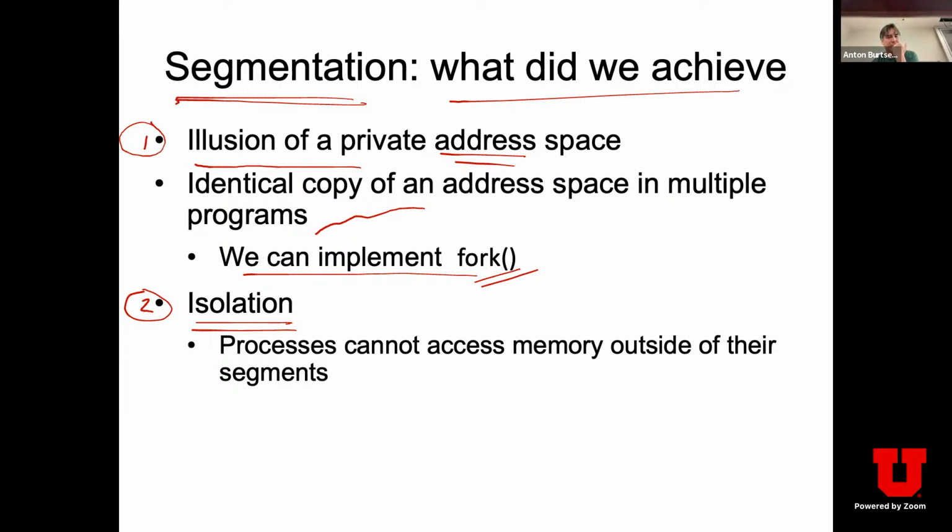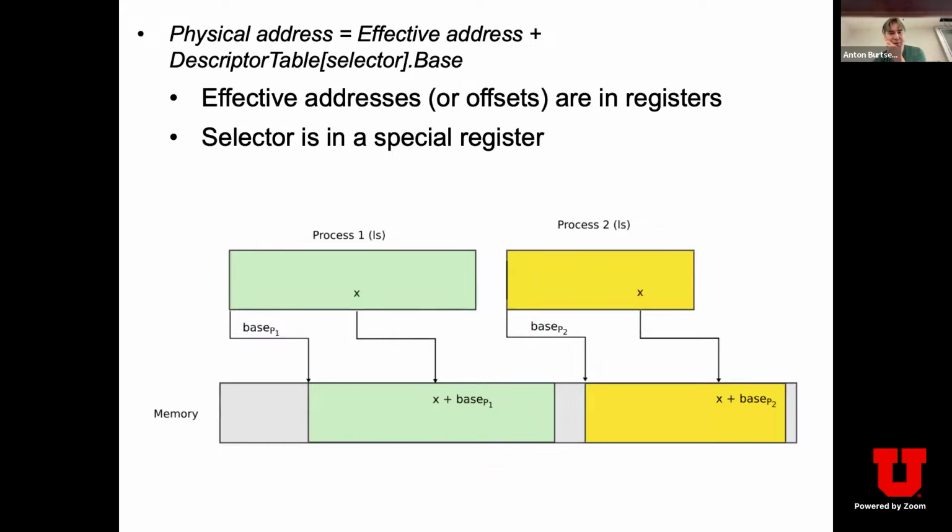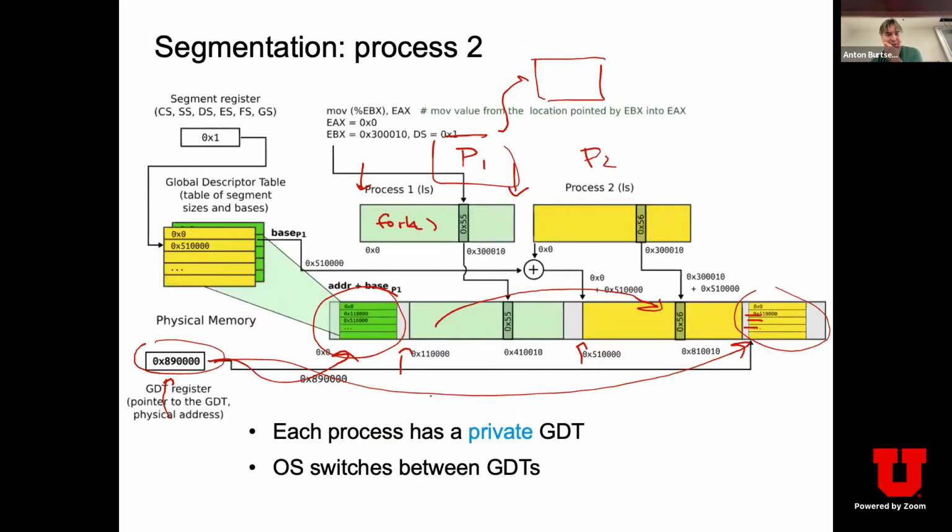No. Let's be a little bit more concrete. Imagine, let me choose this slide again. This was fork. Remember, I just simply said I'm going to copy this into yellow, right? Will this copy go well?